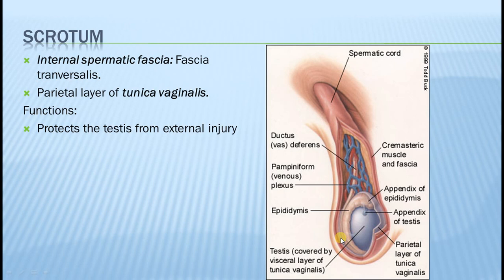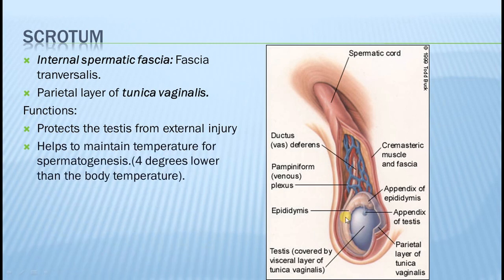Then regulation of temperature helps to maintain the temperature, which is 4 degrees lower than our body temperature. This is responsible for the spermatogenesis to occur. Otherwise, spermatogenesis might not occur, or the formed spermatozoa might actually die. So maintenance of ambient temperature for the spermatogenesis, that is the other function of the scrotum.